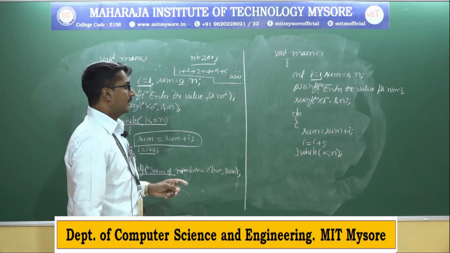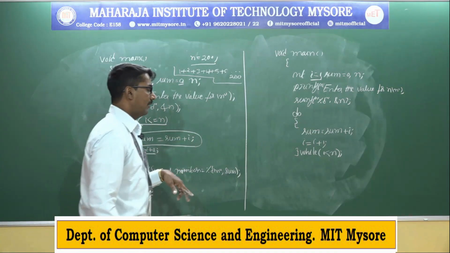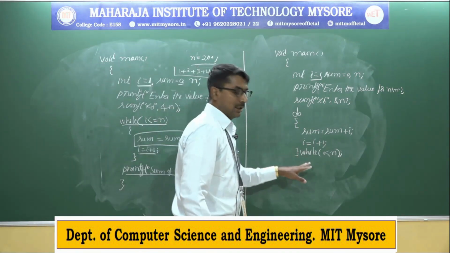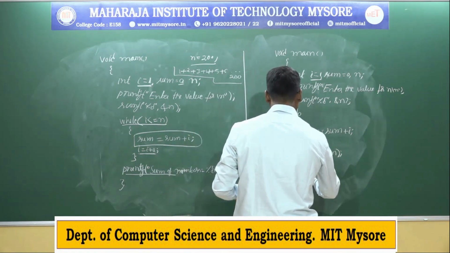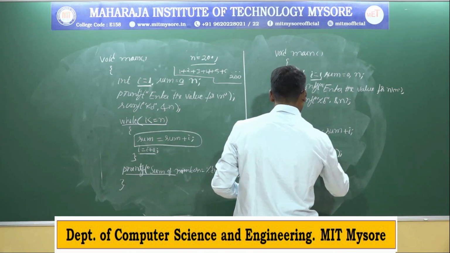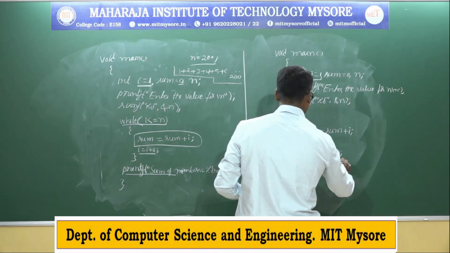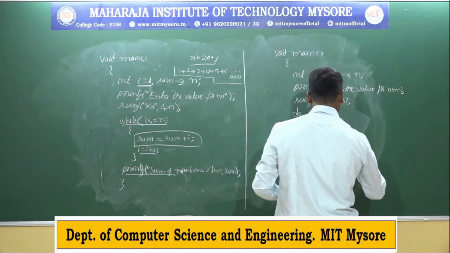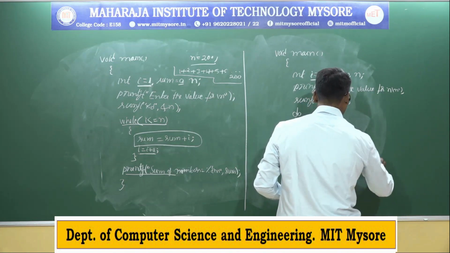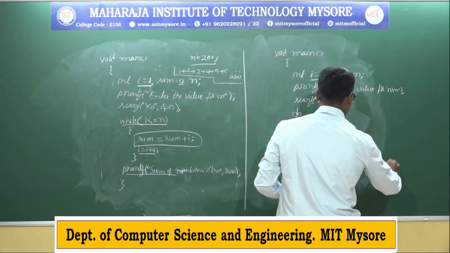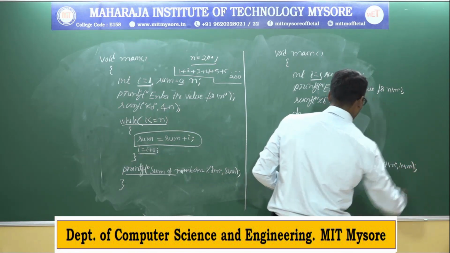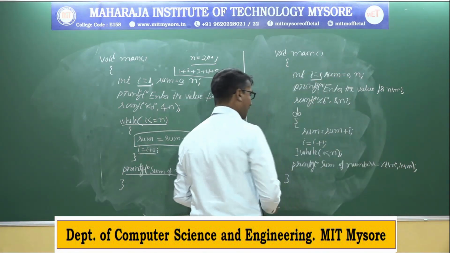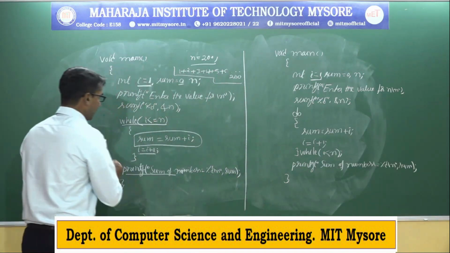Here after the termination, I will display the result, printf sum of numbers is equal to percentage d slash n, then sum, then close bracket.